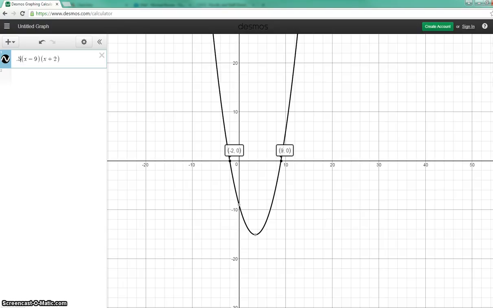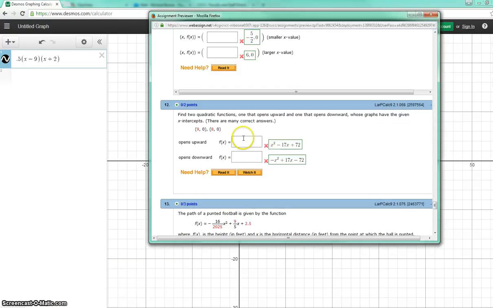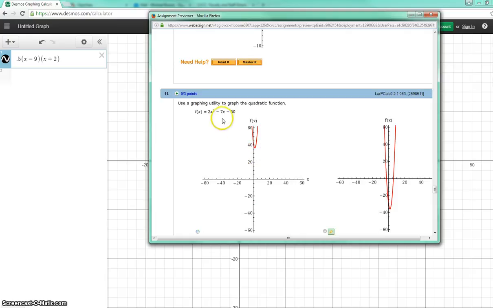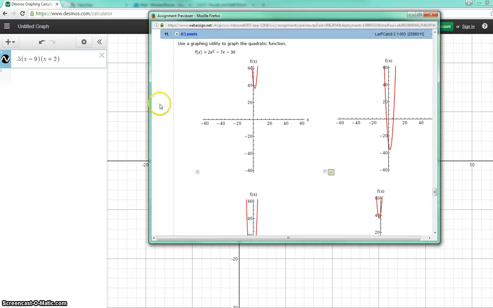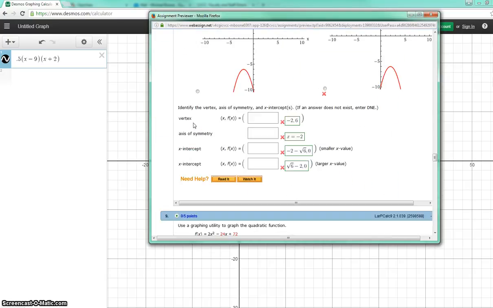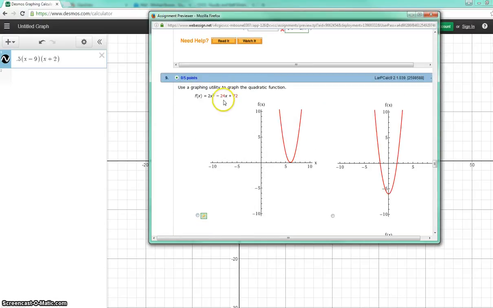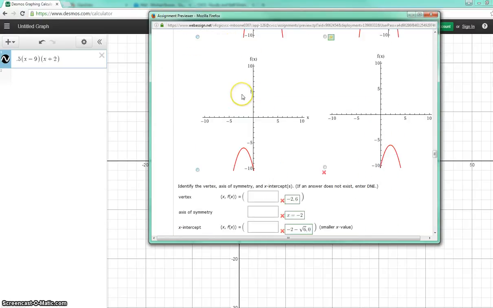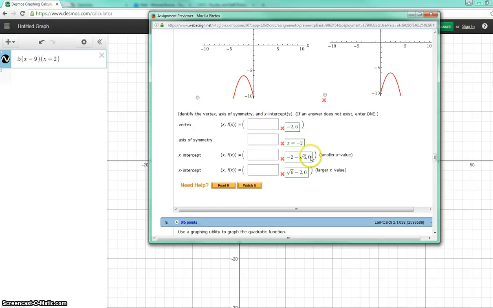So I will follow up with a supplement to show how to solve this algebraically to find these zeros, and how to change this into standard form, and also solve for those zeros.